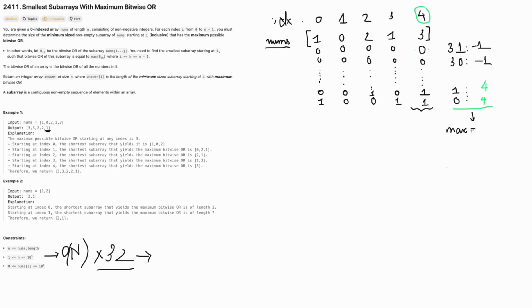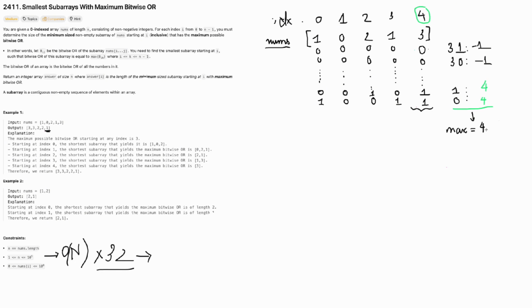What is the maximum value? That is 4. So we use the max, then we minus the current index, and then plus 1.